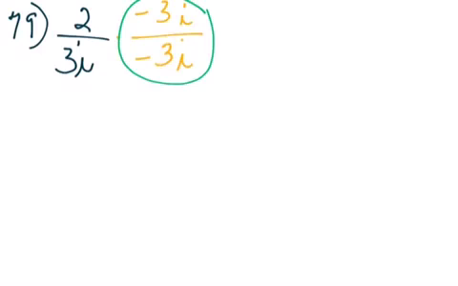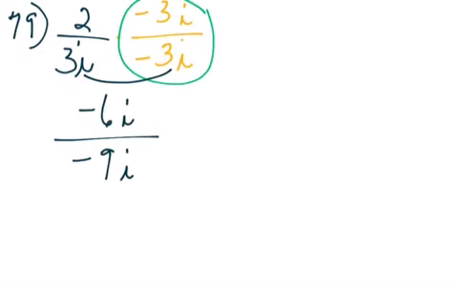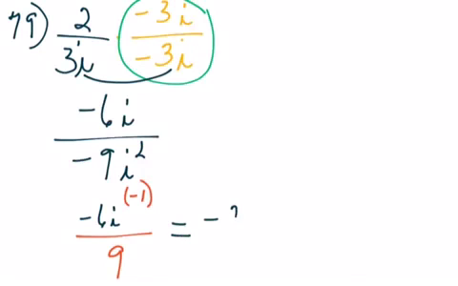So then when you distribute, 2 times negative 3I is negative 6I. 3I times negative 3I is negative 9I squared. But again, I squared is negative 1, so negative 9 times negative 1 is 9. And on top you have negative 6I, which will reduce to negative 2I over 3.